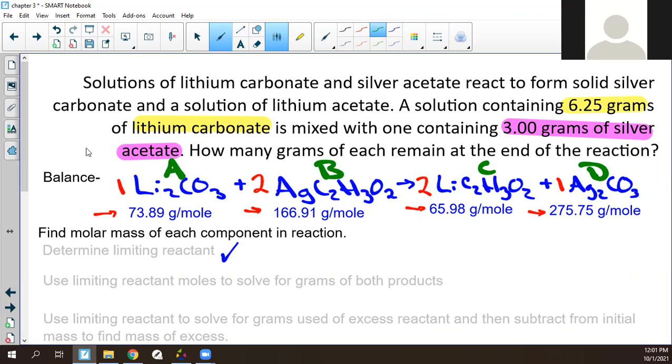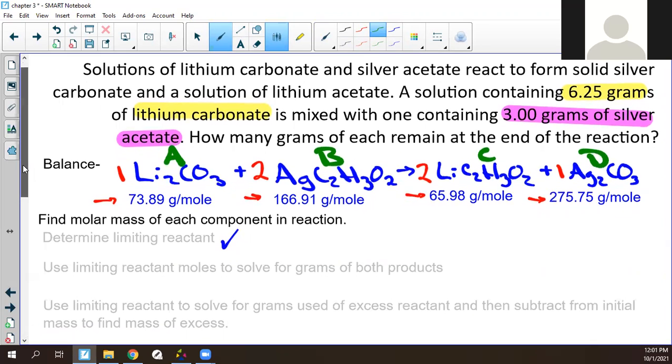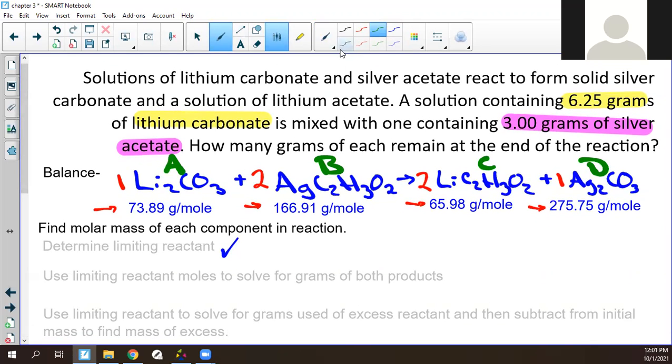So I'm going to call them A. So here we go. Looking up here, if that confuses you, then don't do it. I'm given 6.25 grams of lithium carbonate, which I'm now calling A, correct? So I'm going to come down here.